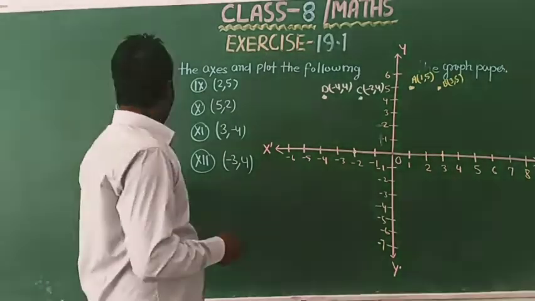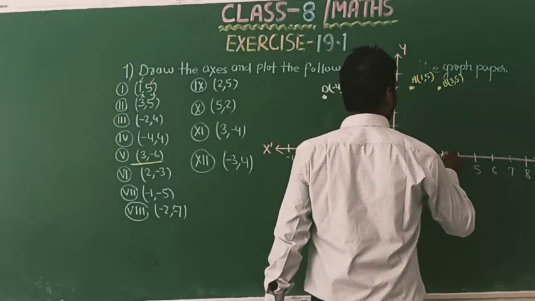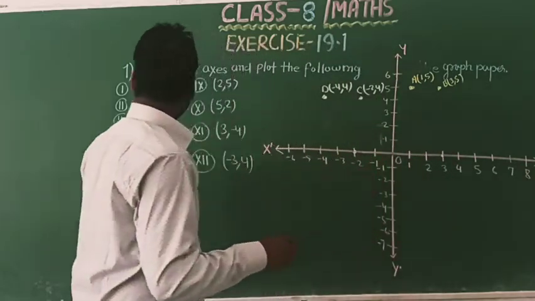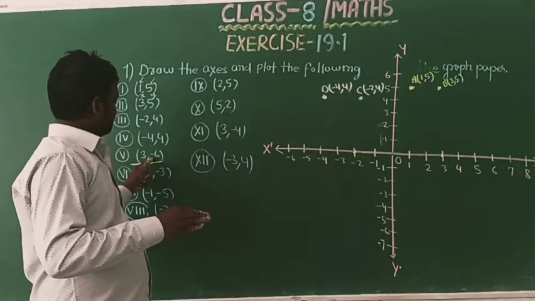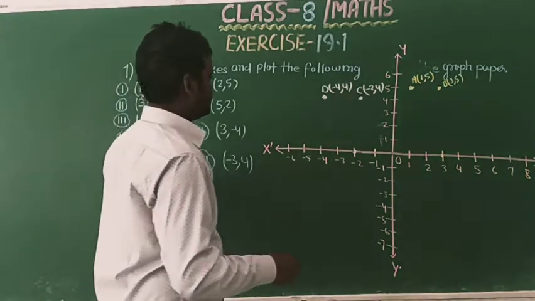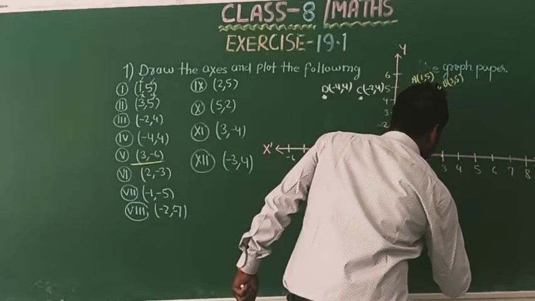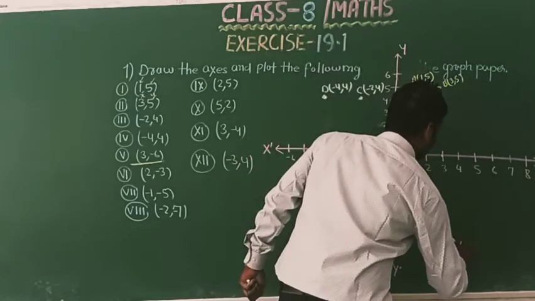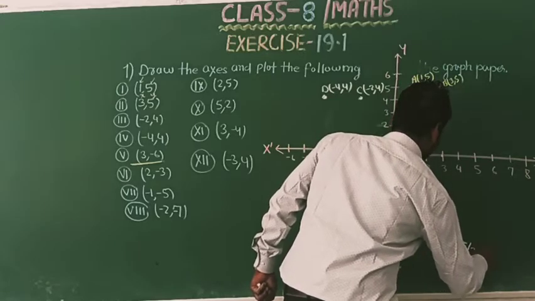So starting from O, move 3 units right along the x axis, and then move -6 units along the y axis. So this is the next point E. Its coordinates are (3, -6).